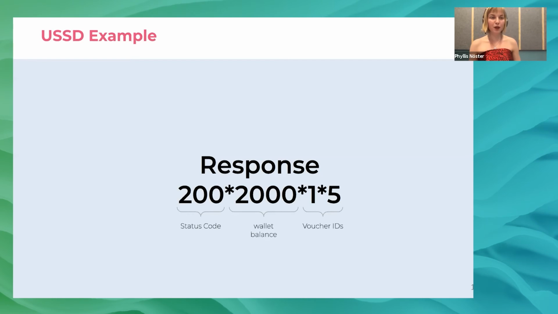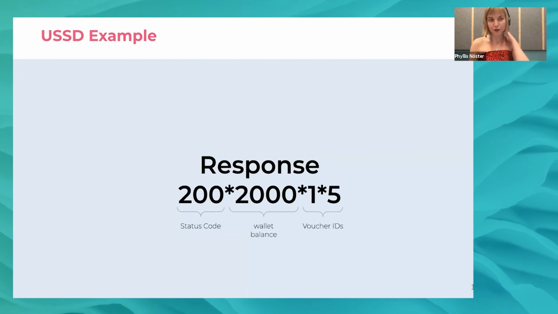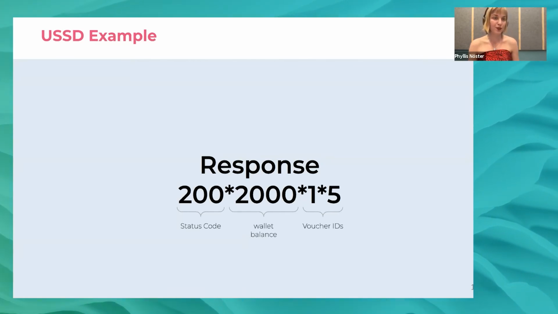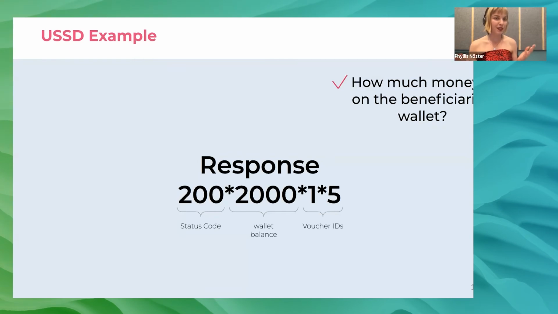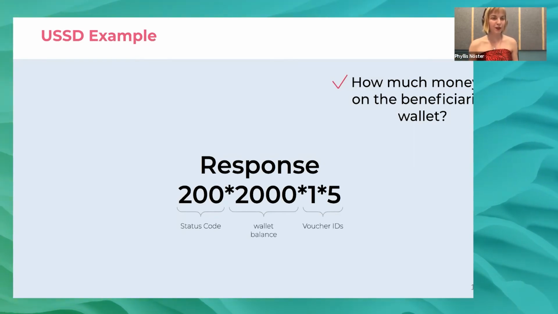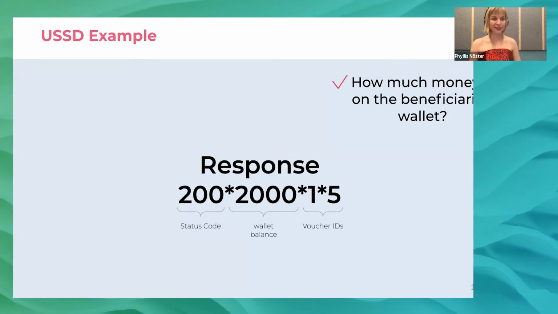So now we know how much money they can actually spend. And all the numbers after that, in this case 1 and 5, are voucher IDs. So we also know which vouchers are available to the beneficiaries. This was the solution to the first part of our problem, to know how much money is on a beneficiary wallet. And we also know the voucher IDs now.